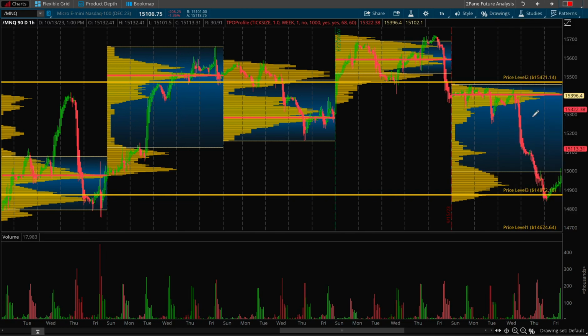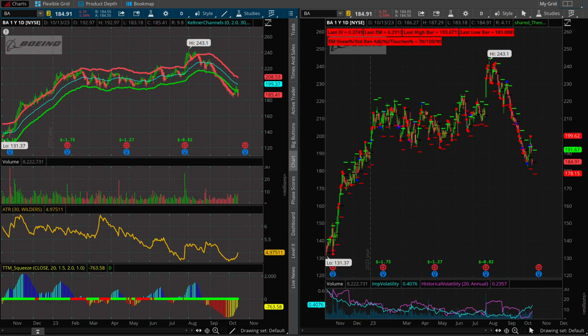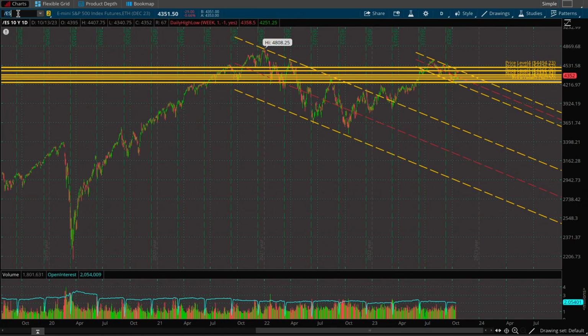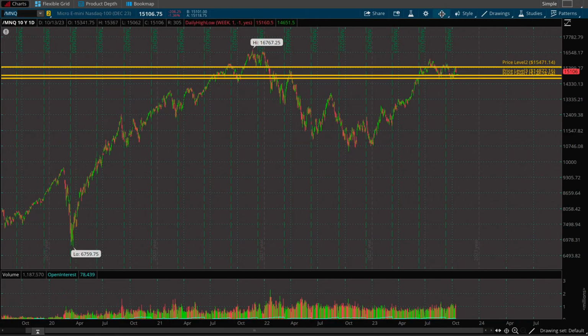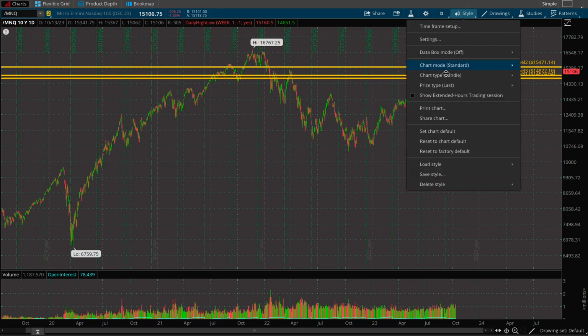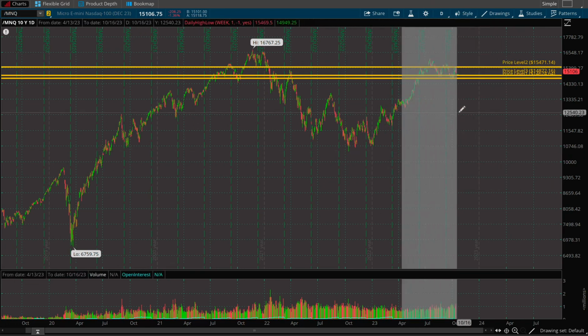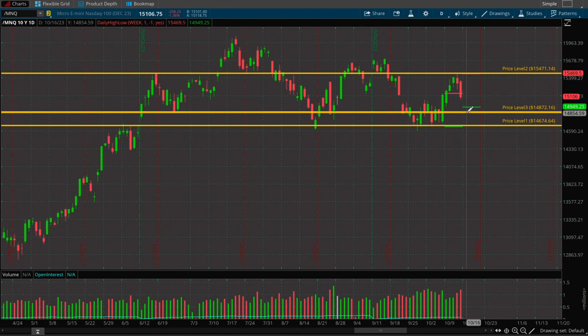To do that, I'll go back to, no, I don't want to go into my grid. So simple here, forget about Boeing, and we'll look at MNQ here again, and we are on the daily charts. Extended hours are turned off. That's how it looks here.